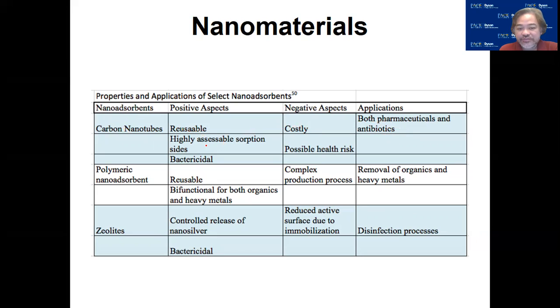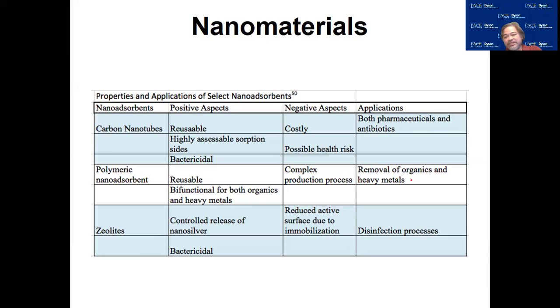They are found to have highly accessible adsorption sites. Okay, and the negative aspect to this is it has a possible health risk, and they also found it to be bactericidal.